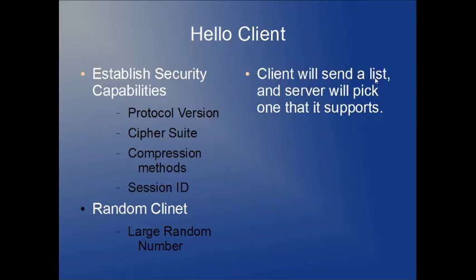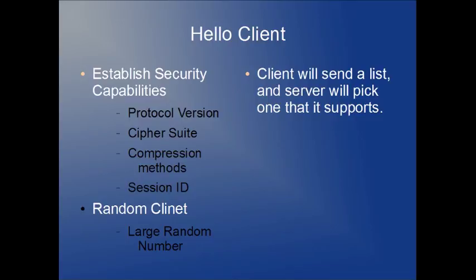What else will also be in here is it will establish some security capabilities. These will include the protocol version, the cipher suite, compression methods, and a session ID. The client will have a list of these security options that it will want the server to support.